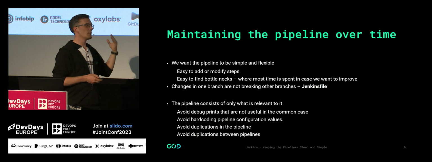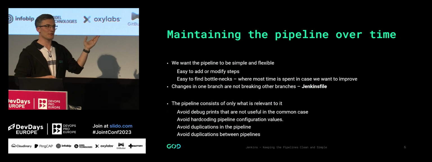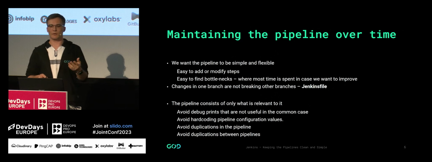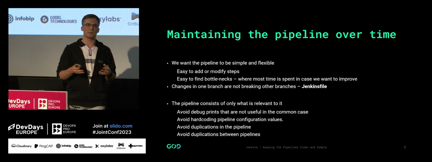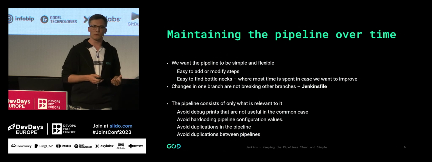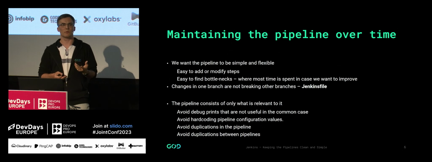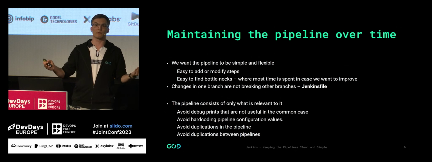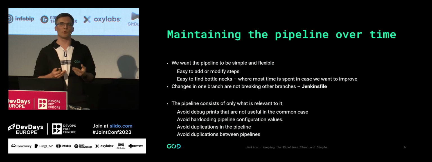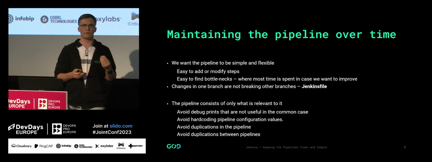Okay, so we have this generic pipeline. So the first thing that helps us is that we categorized the different steps into these phases. And then what else we need to do? First, it's important when we're maintaining a pipeline for long-term projects, so it will be easy to modify and easy to add or remove certain steps.